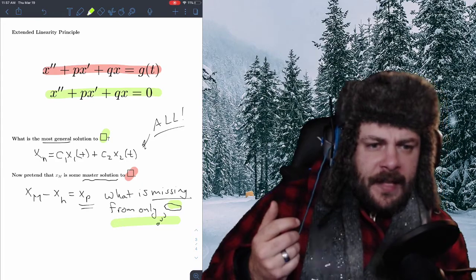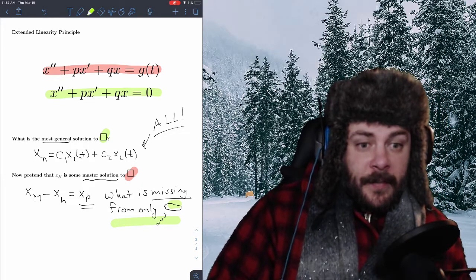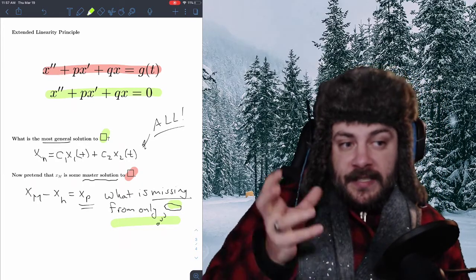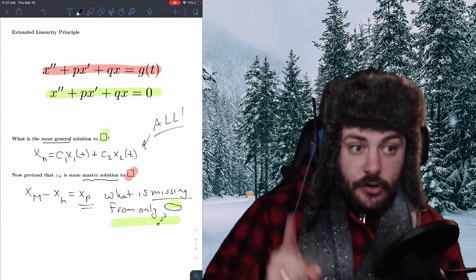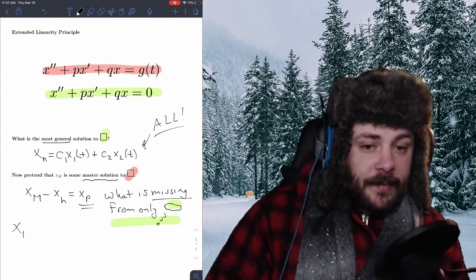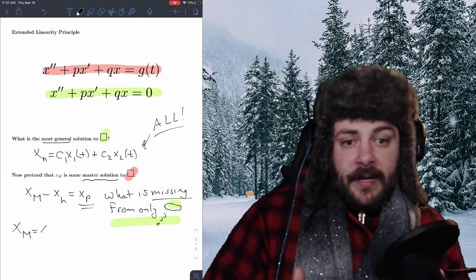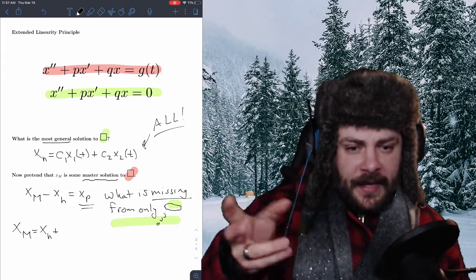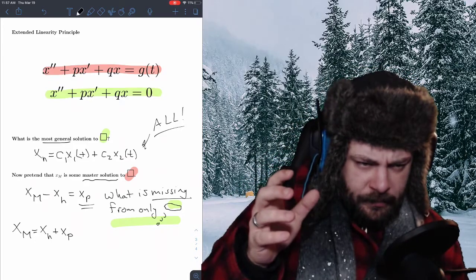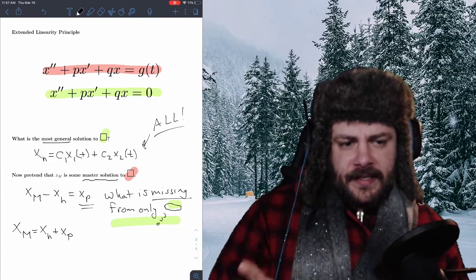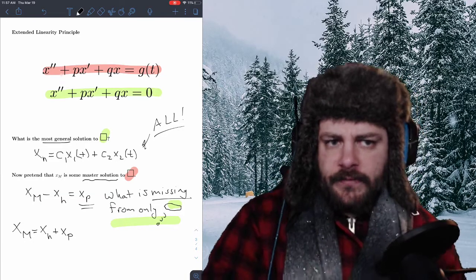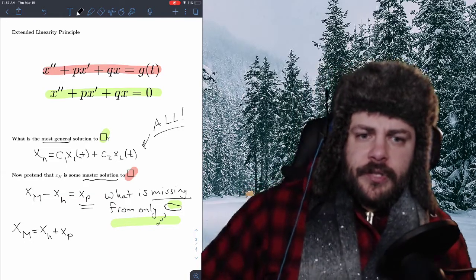Well, the only thing that's missing from X sub P is the homogeneousness, so that core physics problem that's missing from the full solution. So if we take X sub M and we just set it equal to X sub P plus X sub H, that's saying, okay, great, this is how you can describe the full thing. But we're still left with, who is that X sub P? Does it matter how I bother to find that particular solution?